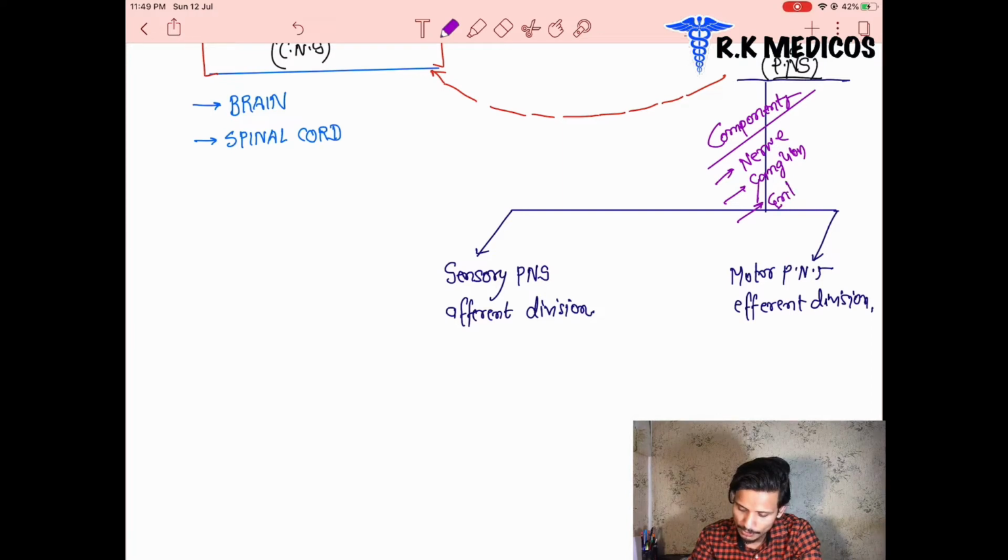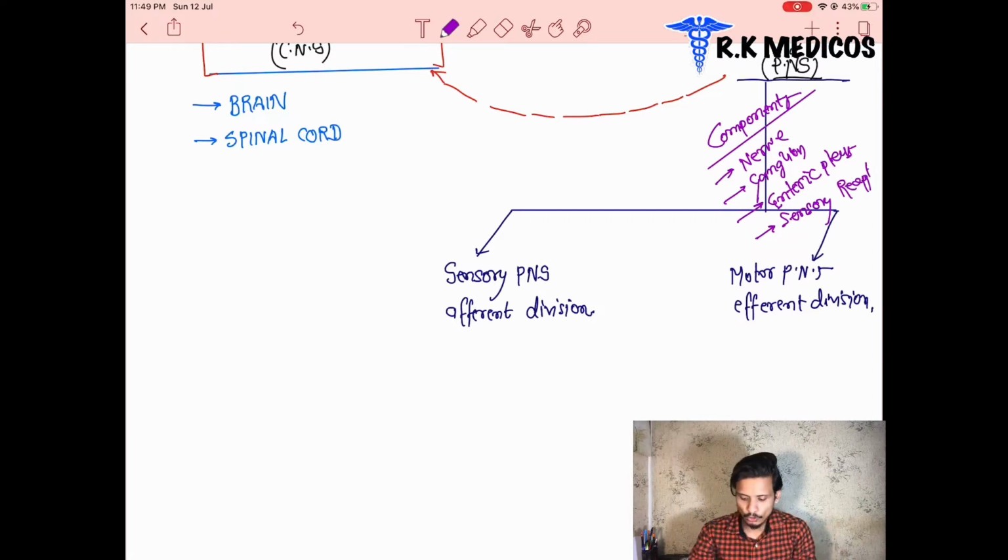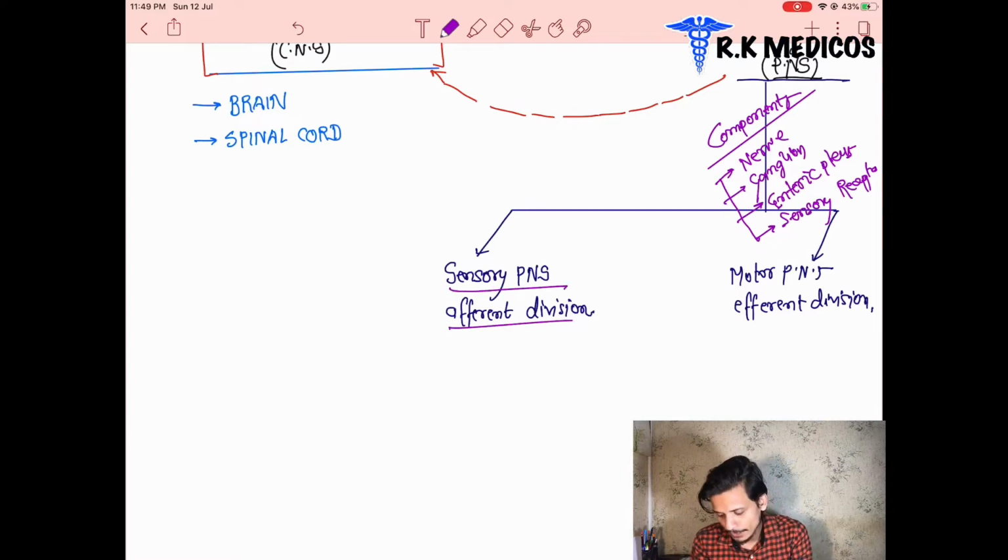The enteric plexus are located in the digestive system. Next is the sensory receptors. These all are the components of the peripheral nervous system. After that we have the sensory PNS or afferent division, and the motor PNS or efferent division. These are the two classifications of our peripheral nervous system.